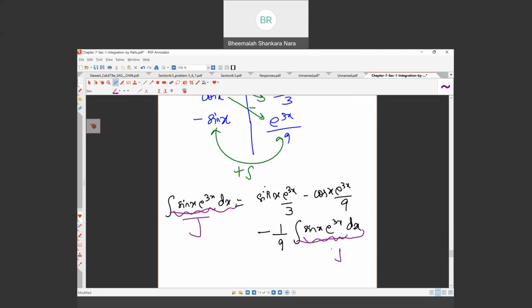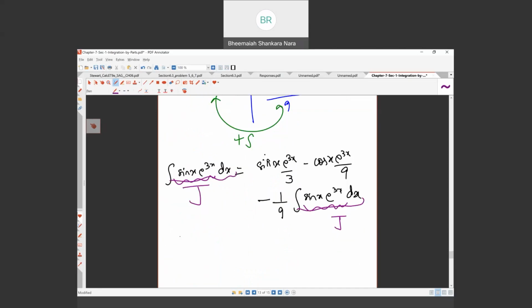So this becomes an algebraic equation now as soon as you rename. So this is J equals sin x e to the 3x divided by 3, negative cosine x e to the 3x divided by 9, negative 1/9 J. So you can add a positive 1/9 J on both sides to get rid of this negative term on the right.